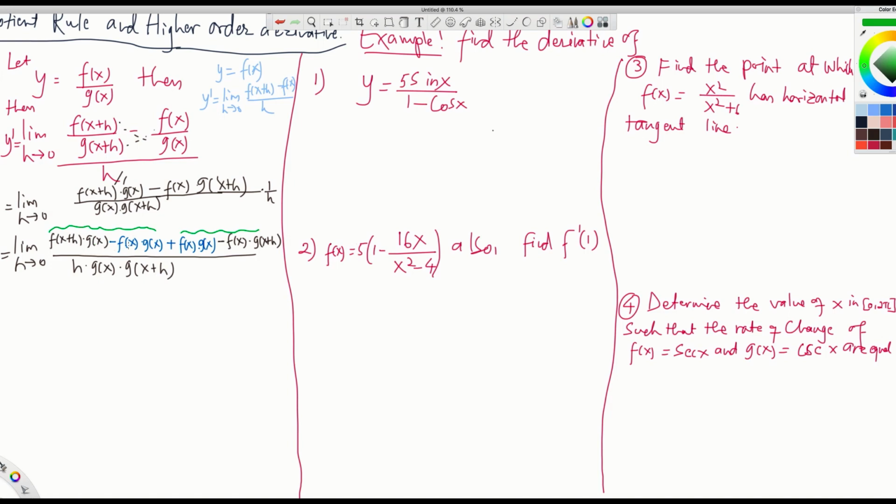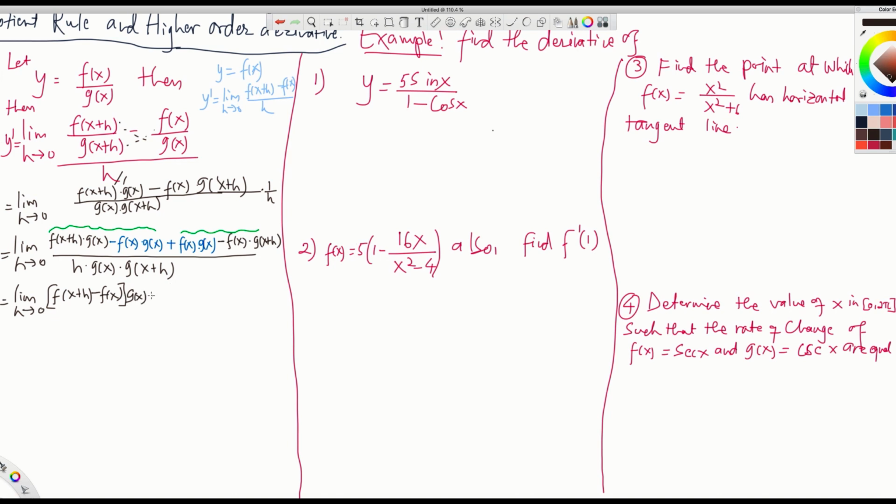Now you take the common thing out. So what is common there? You can write limit h tends to 0. g(x) is common, so you can write like this, f of x plus h minus f of x, and outside the bracket you write g of x.